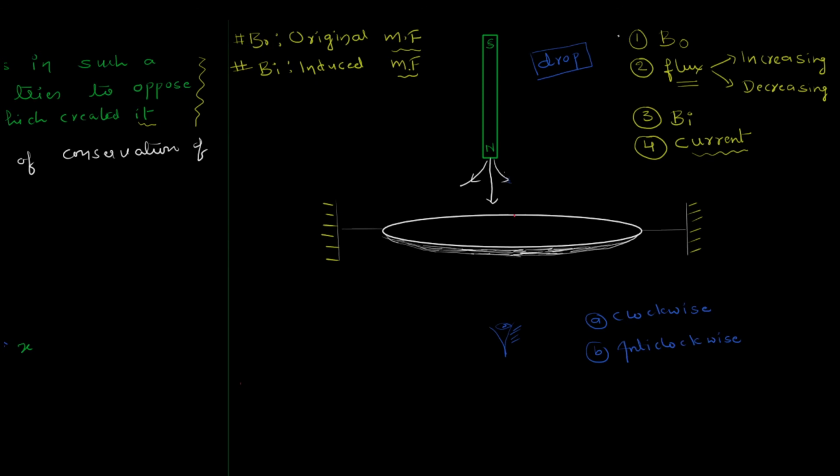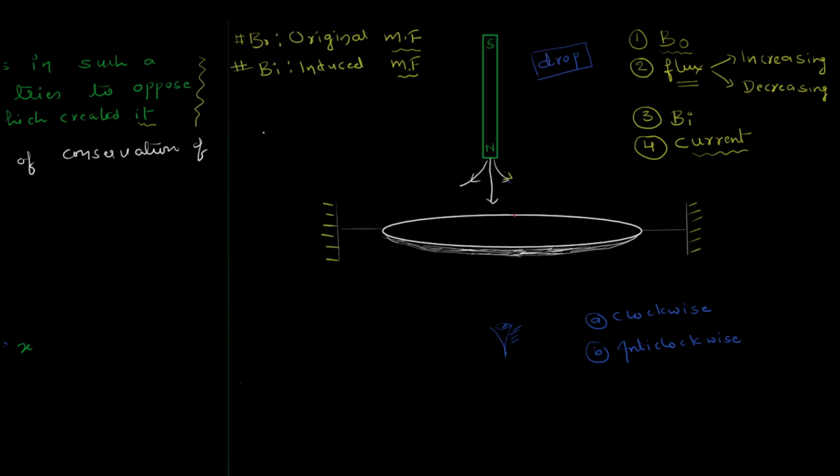Let's do this. Alright, so first is to identify the direction of original magnetic field. That seems fairly simple. Look at these white arrows that you're seeing. That is the direction of the original magnetic field which is going to induce current, right? So I think the first part is done. The direction of BO, I'll use a different color for that.